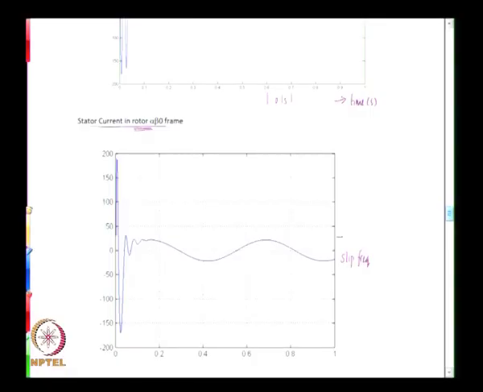The amplitude would be determined by the manner in which you transform the stator current to the rotor reference frame, and that is what it is.